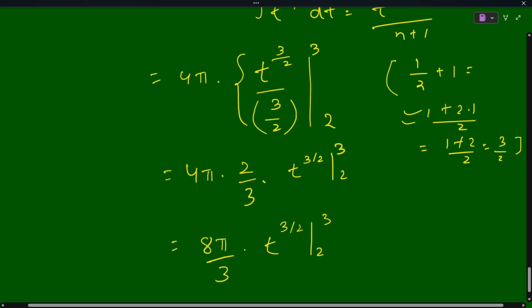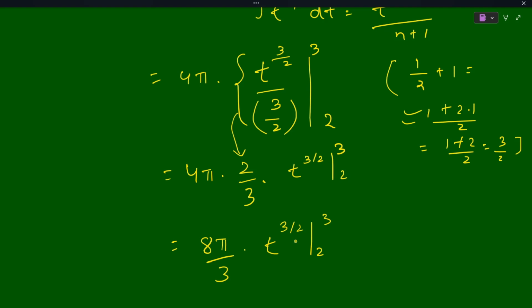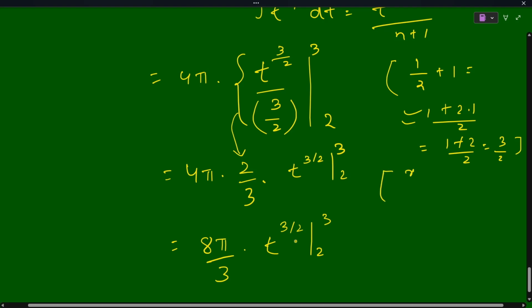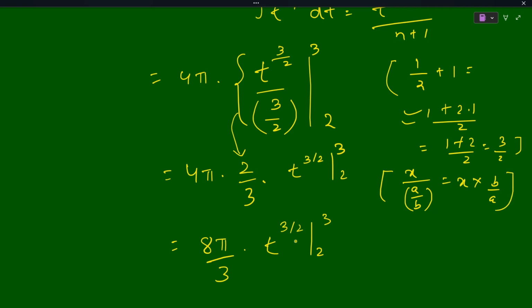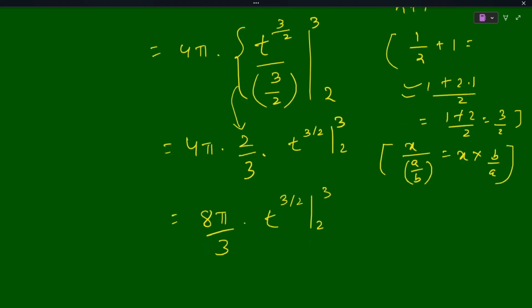2 by 3, as this is a form of x by a by b. So now this value is 8 pi by 3 into t to the power 3 by 2, with limits 2 to 3. Here is how we got that 3 by 2 to 2 by 3.